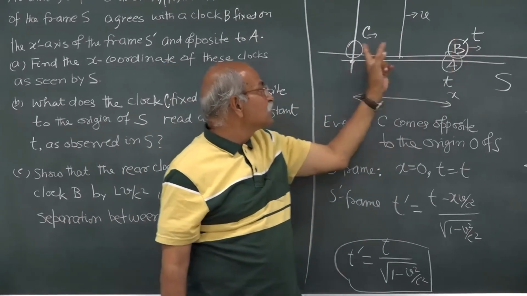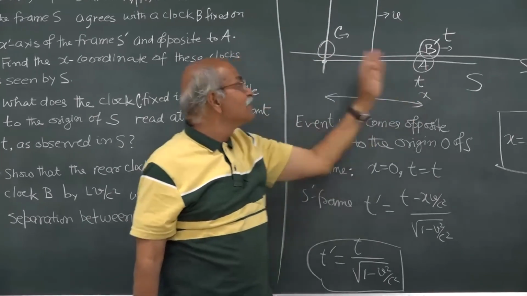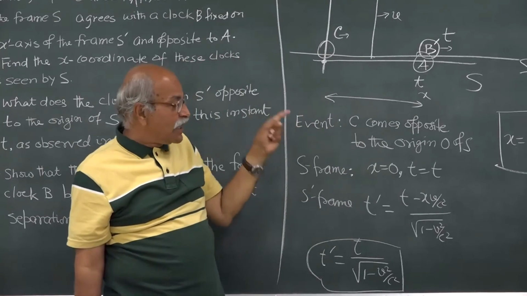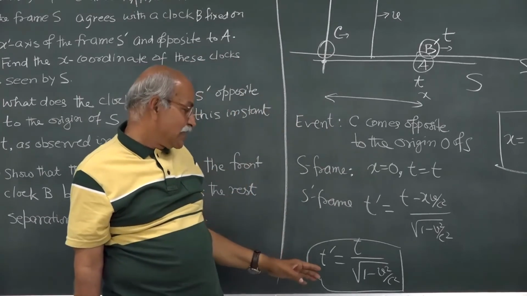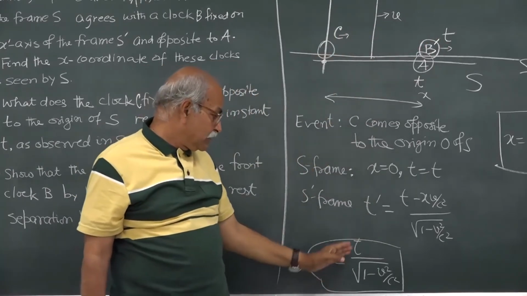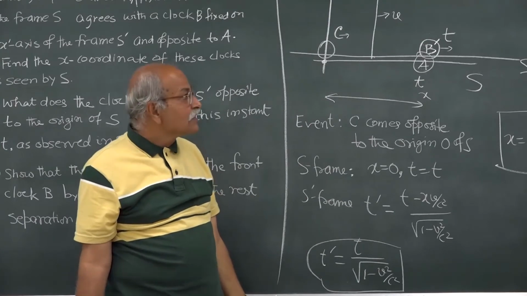Since everything is moving towards the right, this is the rear clock, this is the front clock. The rear clock leads. By how much does it lead? You can subtract: this reads t and this reads t divided by this much. So you can find the difference.